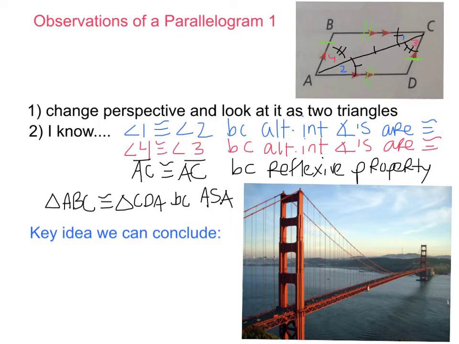Now, why is it important to make that observation? Well, remember, we're trying to make observations about the parallelogram. So what can I say about a parallelogram? How would you describe this side and this side? What's their relationship? I know they're congruent. Are they adjacent sides or opposite sides? I'd say they're opposite sides.